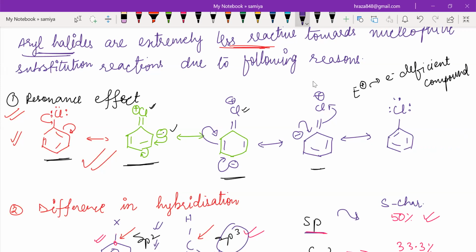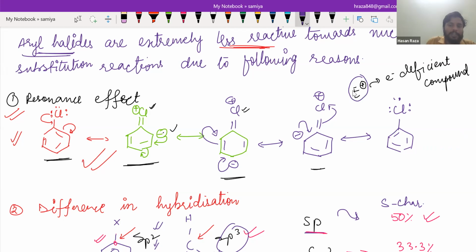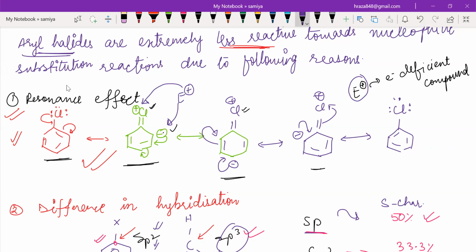Yes, sir. So where will this E plus attack? It will attack this position or this position, Cl plus or negative?